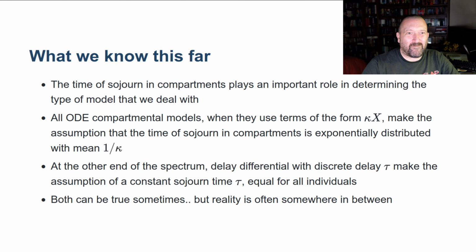But if you're using a discrete delay, you're making the assumption that every single individual in your population survives in whatever compartment you put your delay on for exactly the same amount of time, omega.